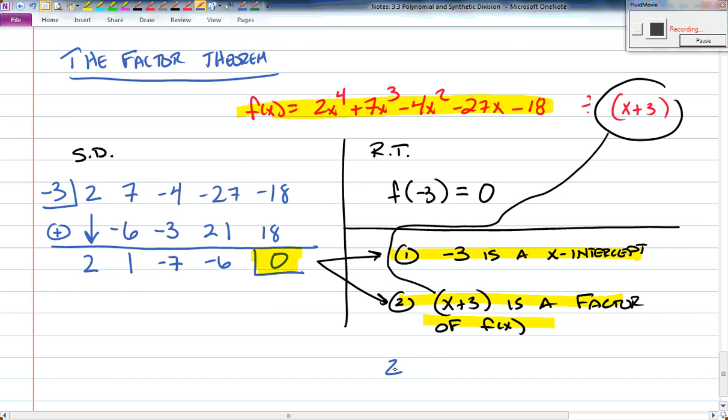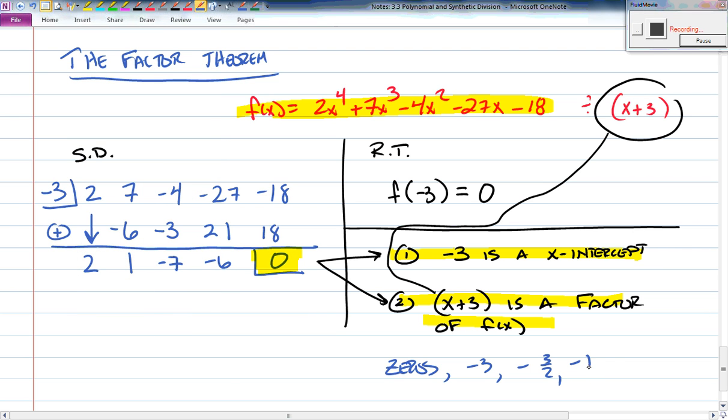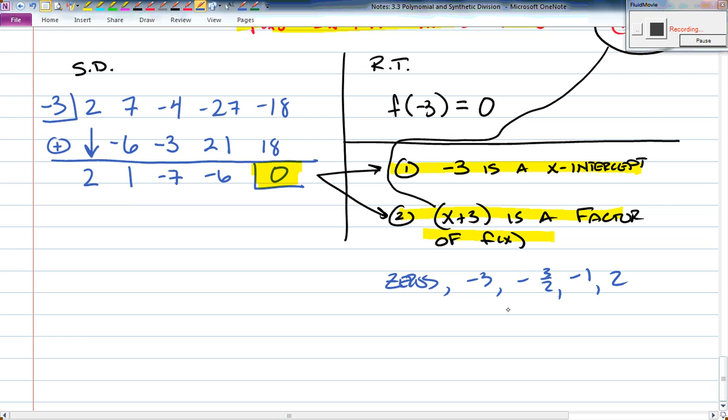So the zeros so far that we have found are -3, and -3 halves. What else did you find? -1. When I plug in second calculate, value -1, yep, that gives me a 0 as well. And I'll trust that the 2 is also there.